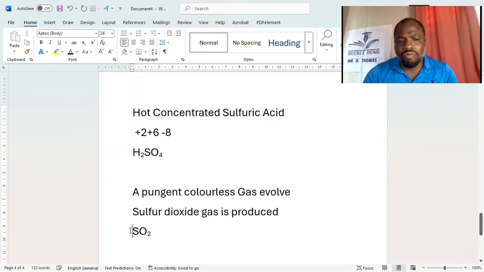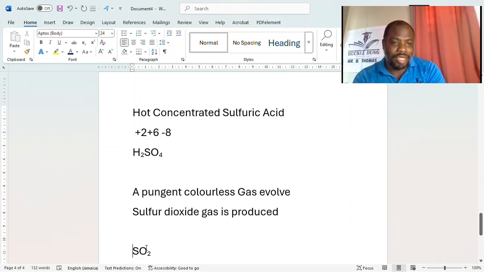Now, as I said before, reduction is basically a loss of oxygen. That's one way we can describe it. So if you look at this, the sulfuric acid would have had 4 oxygen, but when you look at the sulfur dioxide, it now has 2 oxygen. So the loss of oxygen, I wanted to just highlight that.